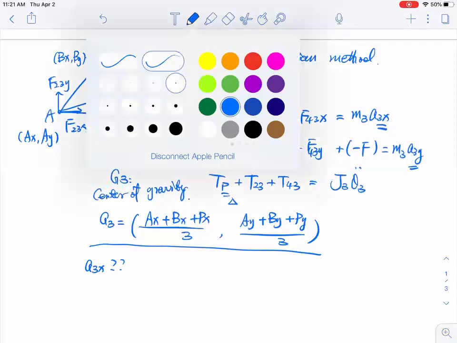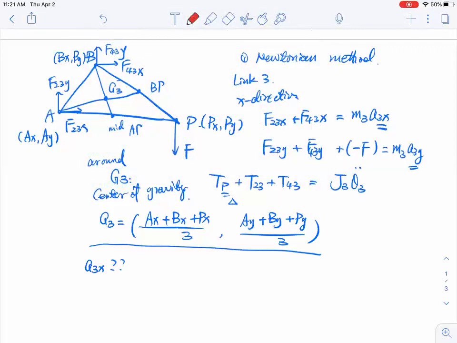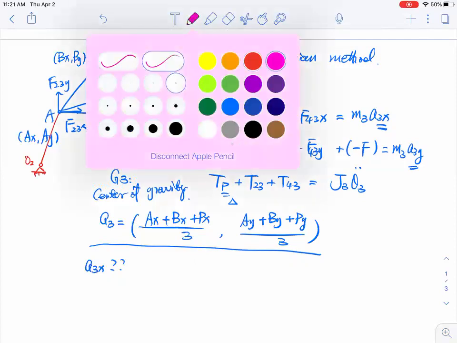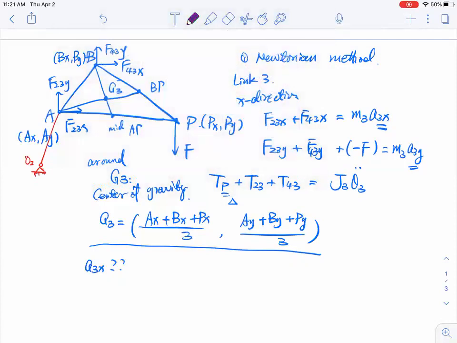In order to calculate the acceleration there, you need to find the reference point, right? Let's use O2 as a reference here. So by definition, in order to calculate acceleration A3, you don't worry about anything, just start from the displacement vector always. Your displacement vector is starting from a fixed point, O2. It ends at the point G3.